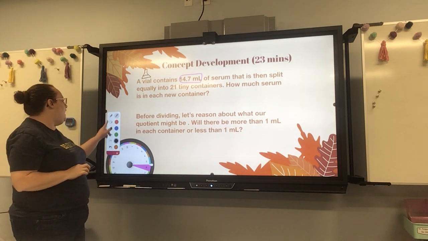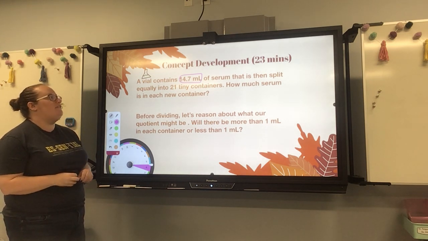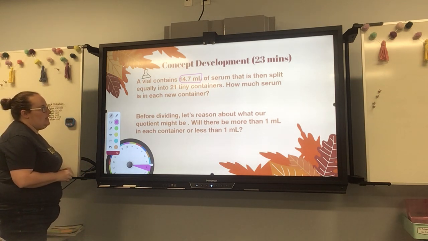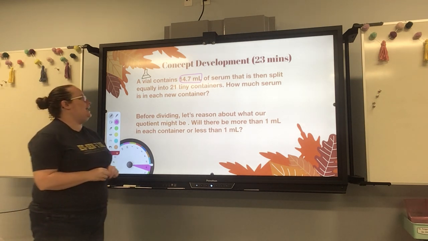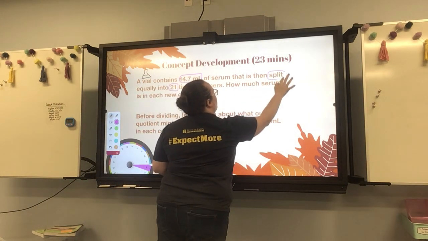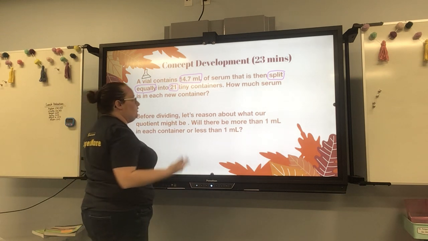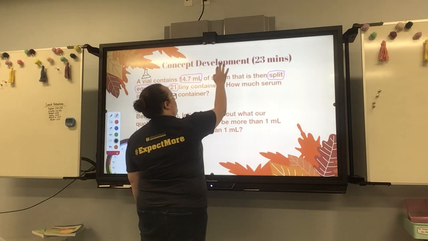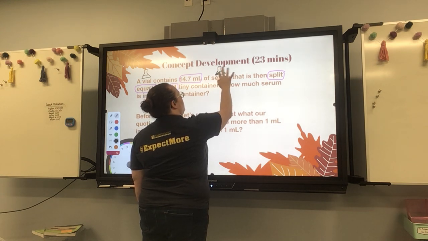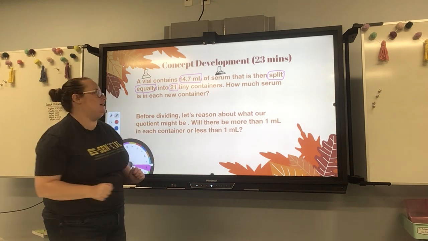Okay, so a vial contains 14.7 milliliters of a serum that is then split equally into 21 tiny containers. Let's talk about that other word that we see, which is serum. Serum is a fancy word for what would be inside that container, a liquid. A serum is usually a liquid, but it's what would be inside the container.